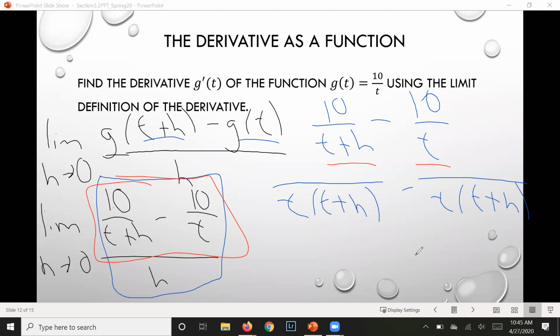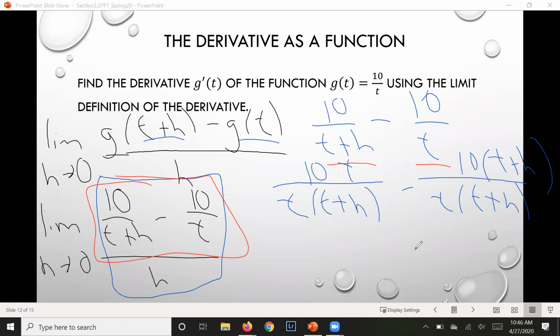On the left-hand side, we had to multiply the denominator by t to get our common denominator, so we multiply the numerator by t, and we'll have 10 times t up there. In the second one, we had to multiply by t plus h to make the common denominator, so we'll have 10 times t plus h.